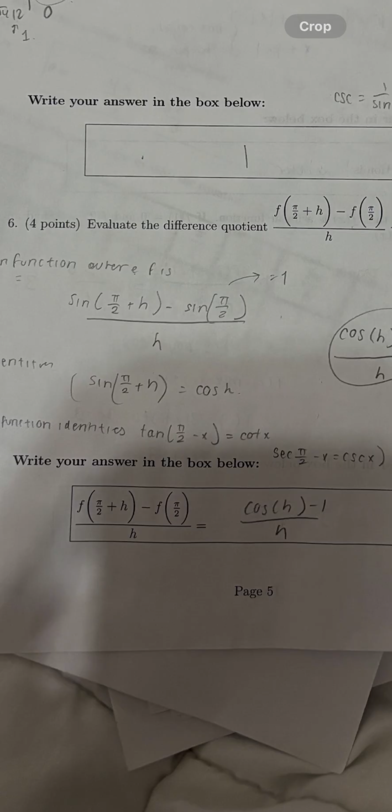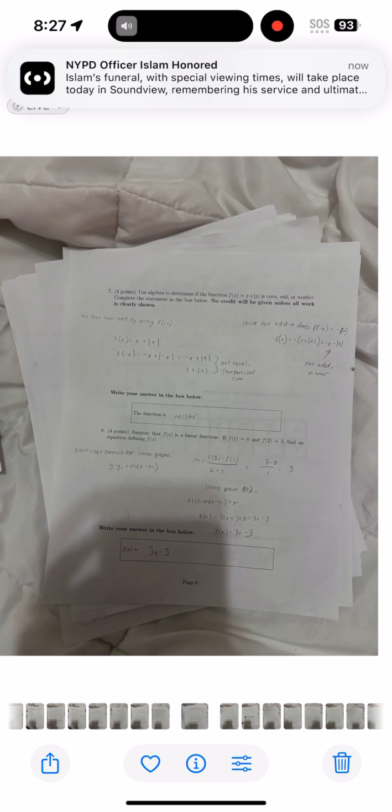So 3 minus 0 over 1, 3. So using the point 1 comma 0, we need to use the following formula. f of x equals m times open parentheses x minus x1, close parentheses, plus y1. We basically plug in the values and we get 3x minus 3.